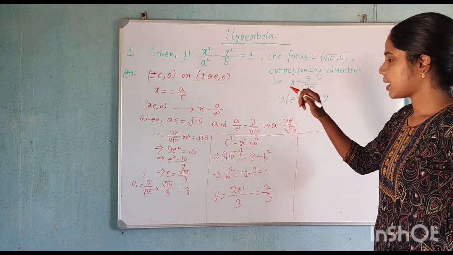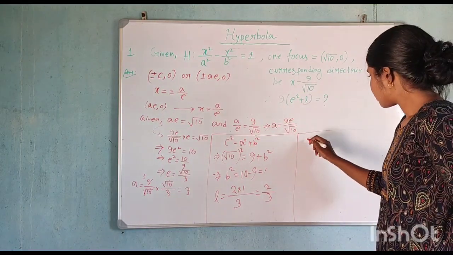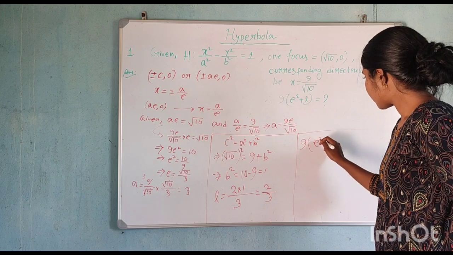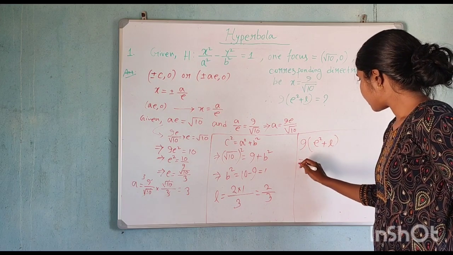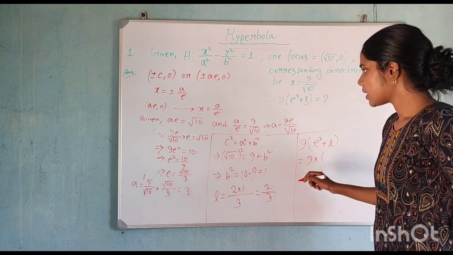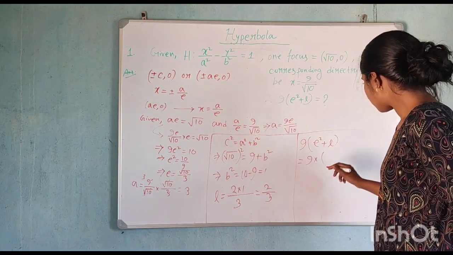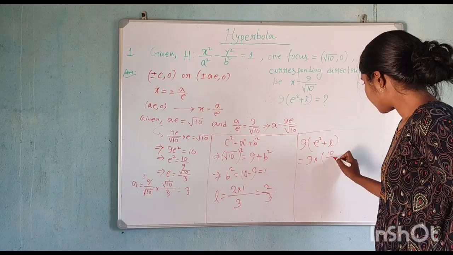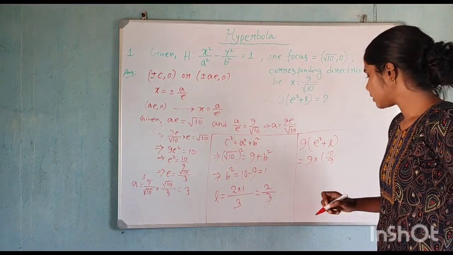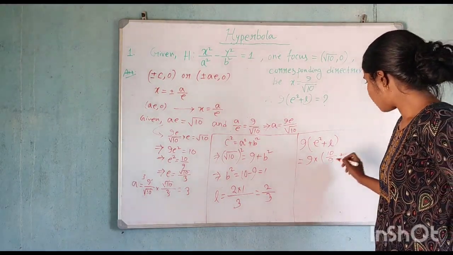Now we can derive the value of this expression. It is 9 into E square plus L. What is the value of E? E is root 10 by 3. This value squared means 10 by 9, right? Plus L. L is 2 by 3.